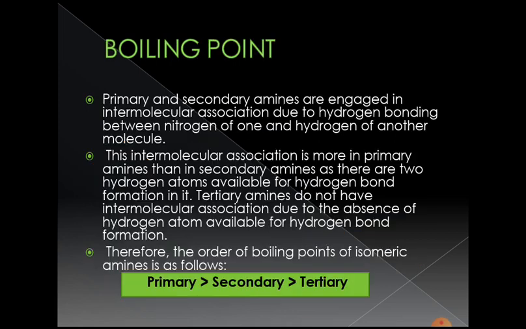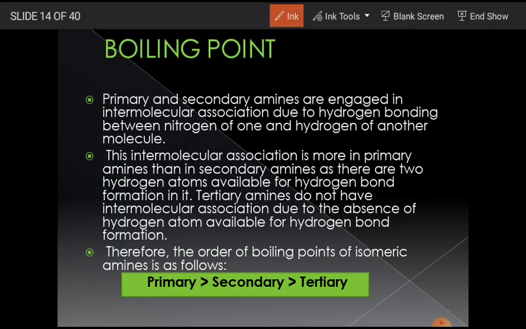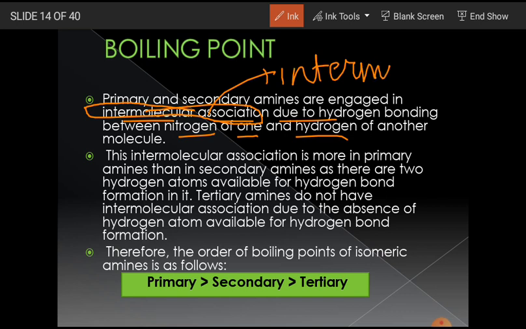Let us now talk about the boiling point. Now, when we talk about boiling point, primary and secondary amines are engaged in intermolecular association due to hydrogen bonding between the nitrogen of one and hydrogen of the other. That means there is intermolecular hydrogen bonding. That is the important point. Due to the presence of this intermolecular hydrogen bonding, there can be very high boiling point.